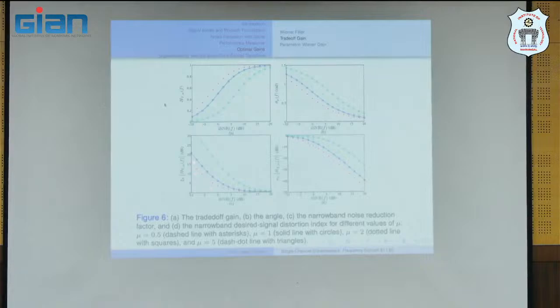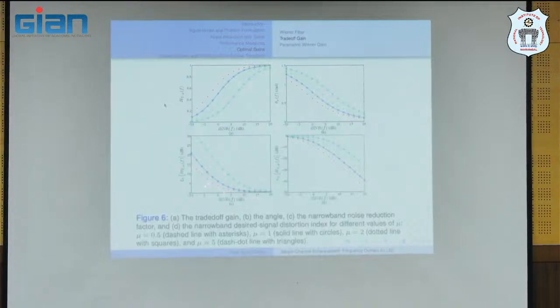So the noise reductions, we have for different mu. Here, the red one is mu equals half. The blue is mu equals 1, which is like the Wiener. The green is mu equals 2. And then this one, mu equals 5.